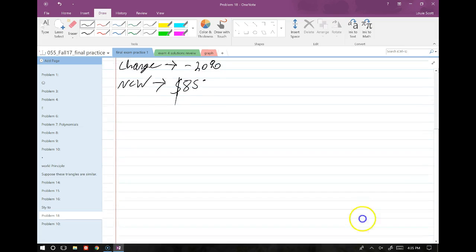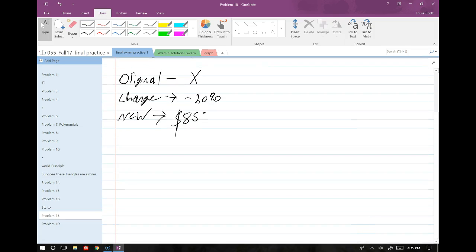Now we just set up our equation. The traditional discounted price equation says the original price plus or minus the change. In this case, it's minus. The change is negative 20% off the original price, so 0.2x. That is equal to the new, which is $85.